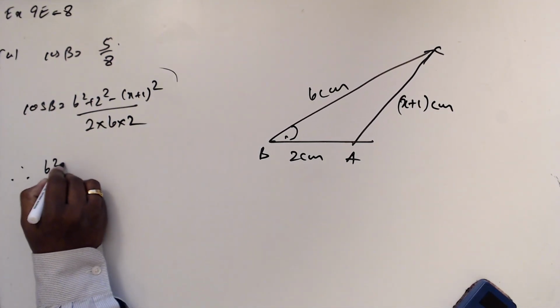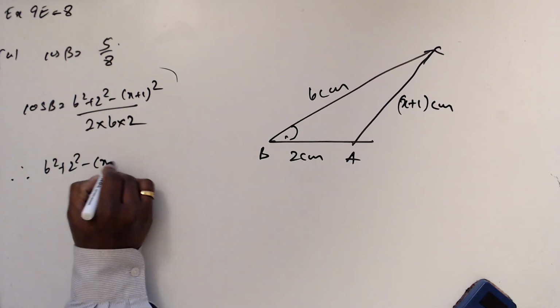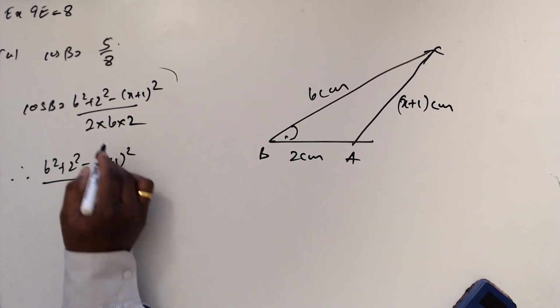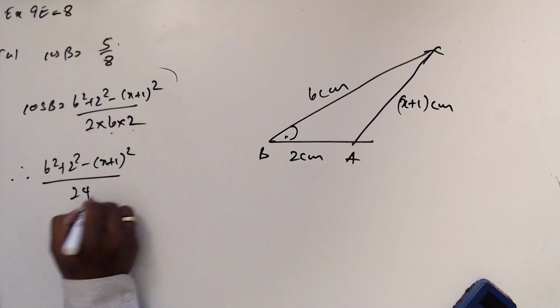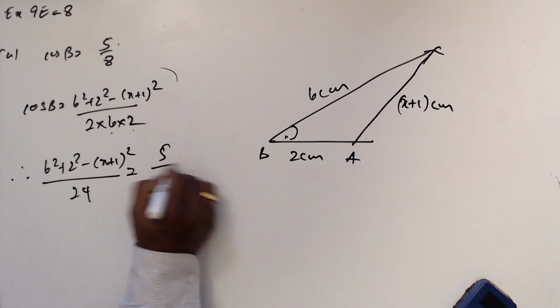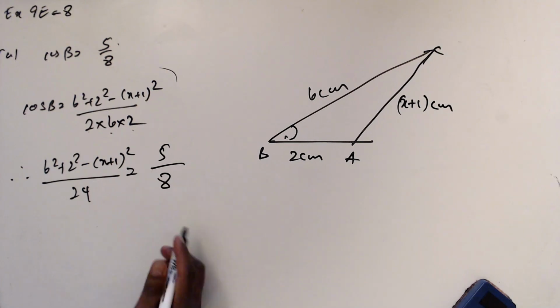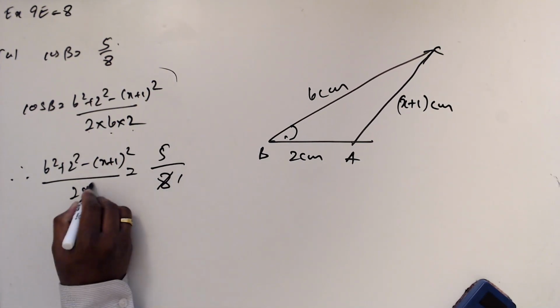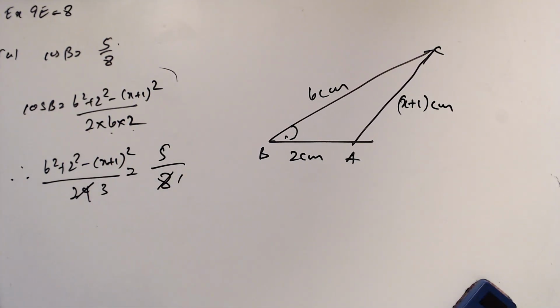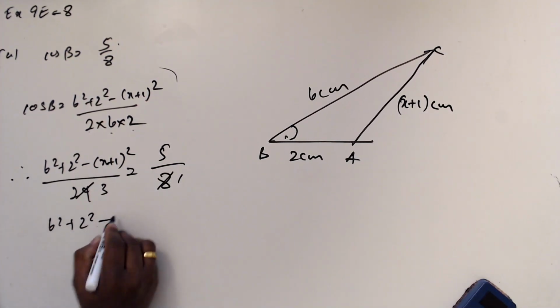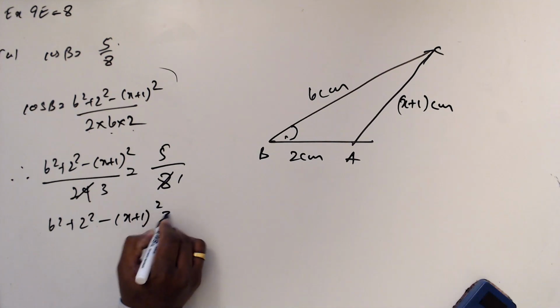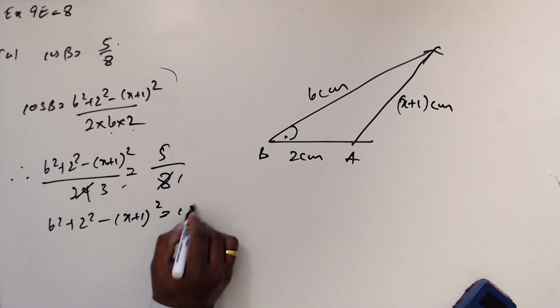Hence 6 square plus 2 square minus (x plus 1) square over 6 times 2, 12 times 2, 24, equals 5 over 8. So I can cancel out, this is 1, this is 3. Then cross multiply: 6 square plus 2 square minus (x plus 1) square equals 5 times 3, 15.